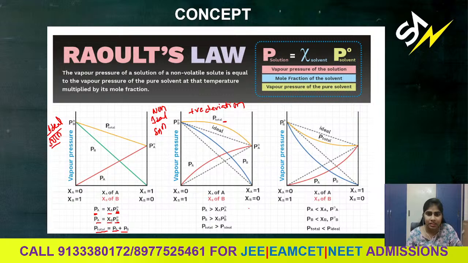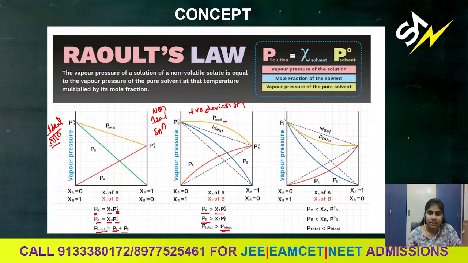But what happens in the positive deviation? PA is greater than the product of its mole fraction and its vapor pressure in its pure state. You can observe PA is greater and PB is also greater. It means the sum of PA plus PB is also greater than its ideal form.